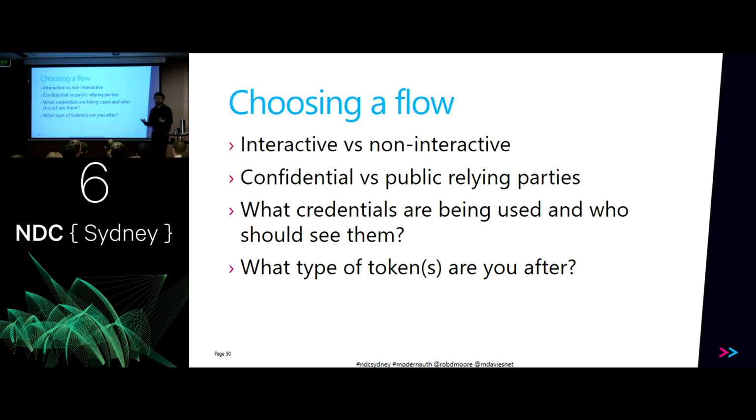A confidential relying party being, as we said, someone who can be, or something that can be trusted with a secret, so some kind of server typically. You need to figure out what credentials are being used and who should see them exactly. And you need to figure out what types of tokens do you need. Do you need a refresh token, for example, in this type of scenario because you don't want a very long-lived access token being held by a client?